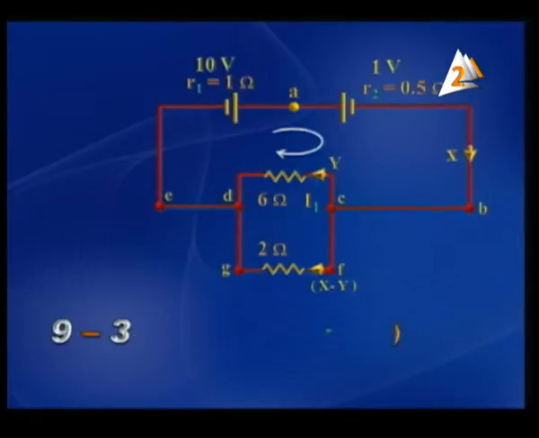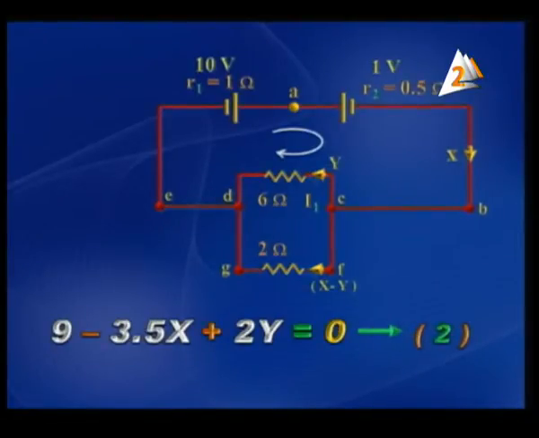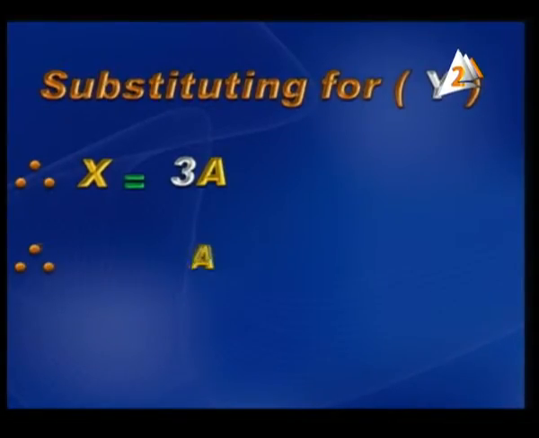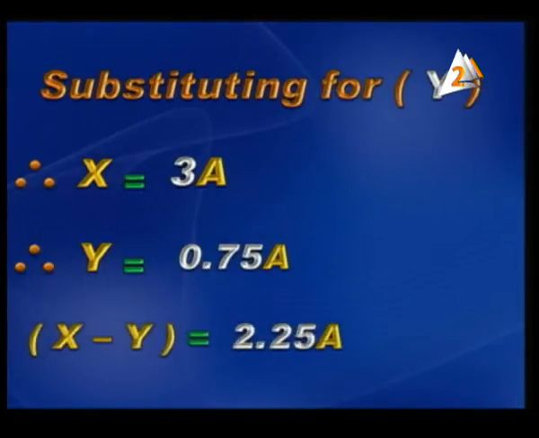This can be arranged as 9 minus 3.5x plus 2y equals 0. This is the second equation. Substituting for y, we'll be able to determine the value of x. x was found to be 3 amperes. y equals 0.75 ampere. So x minus y is 2.25 ampere.